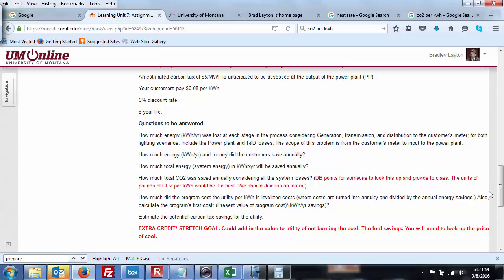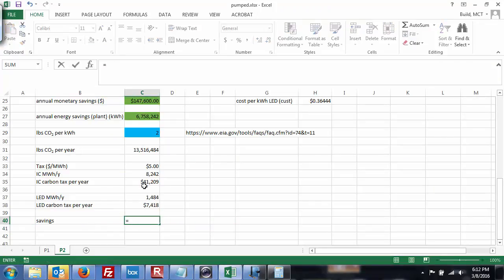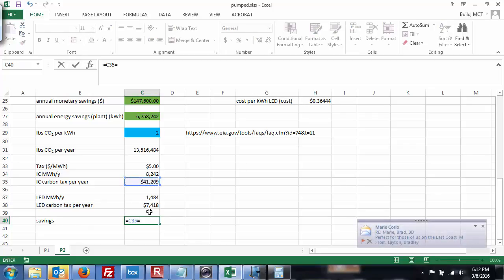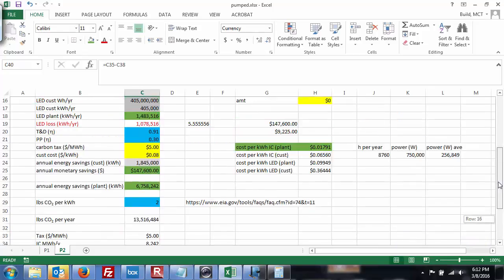Jeez, that's still approximately zero. Savings equals the first minus the second, okay. So you're saving 33K per year.